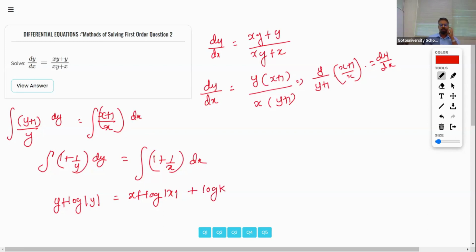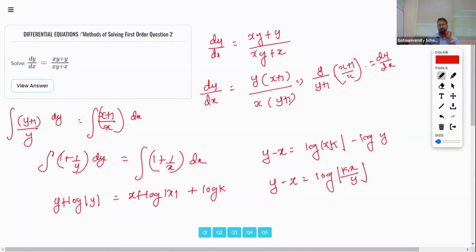Okay, I'll tell you why. So now what happens is y minus x equal to, let me write it like this, y minus x equal to logarithm of x into k minus logarithm of y. Okay, now what I'm going to write is y minus x equal to logarithm of kx by y.